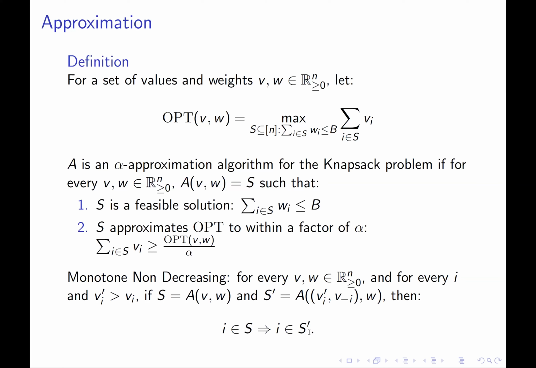The monotonicity property means if you raise your bid, you might go from losing to winning, but you can never go from winning to losing.